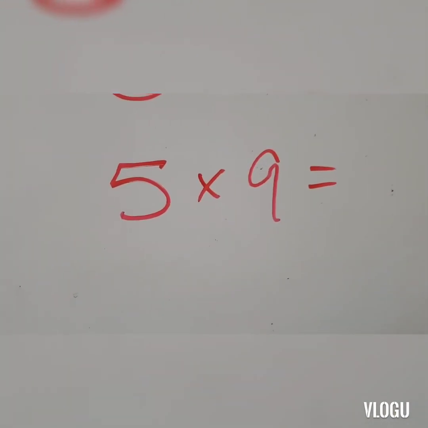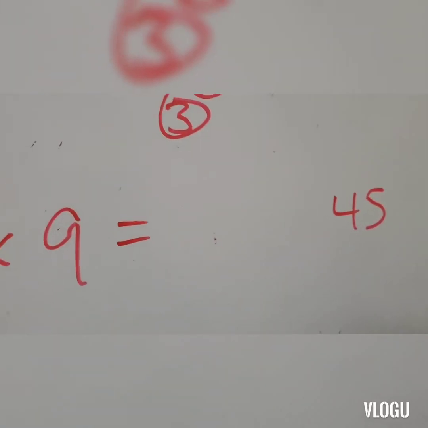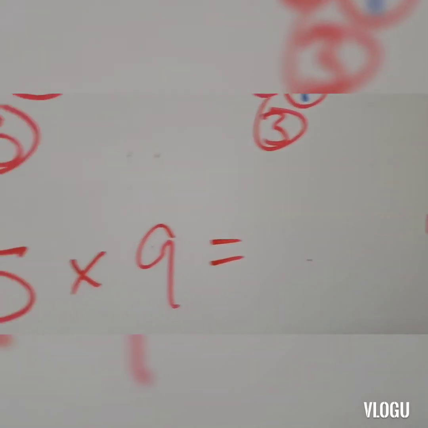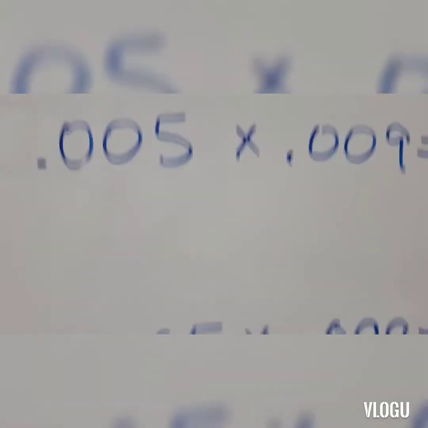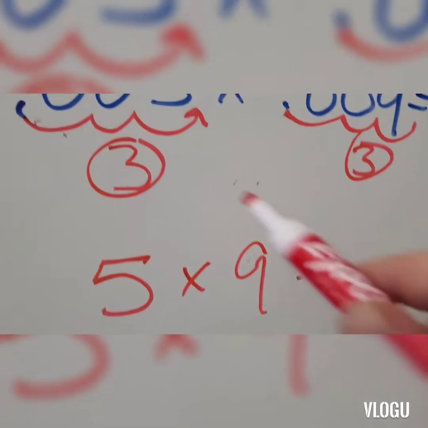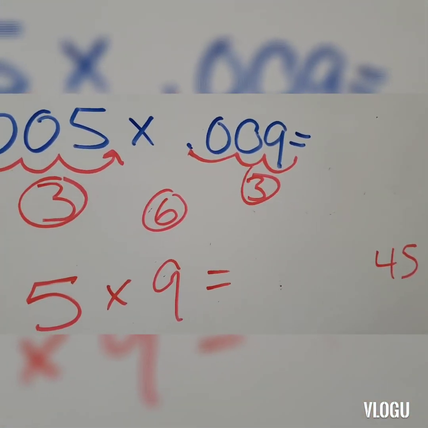5 times 9. I can do that. It's 45. Except that's not the original problem. I got rid of the decimals to make the problem easy. And I've slid 3 plus 3, a total of 6 spots.